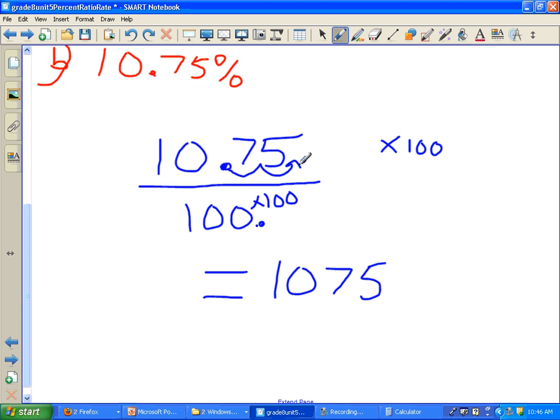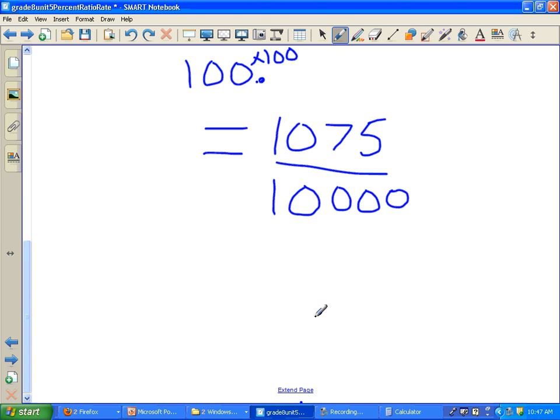Why did we shift it 2 places? Well, because that'll get rid of your decimal. So down below, we will end up with 100 times 100, or in other words, 1 with 1, 2, 3, 4 zeros. And of course, if you remember your decimal places, this is tenths, hundredths, thousandths, ten thousandths, which is what we need. We need 1, 2, 3, 4 decimal places, because this is the 10,000th place.